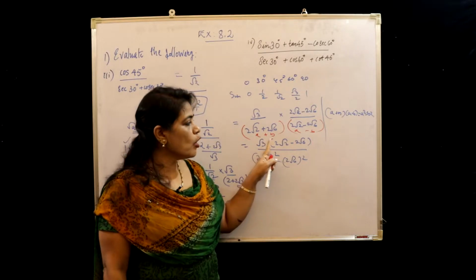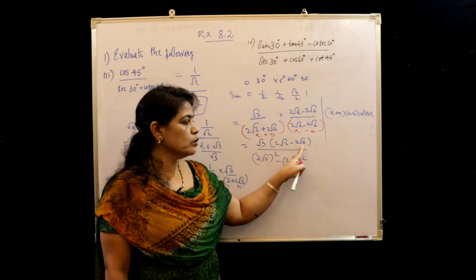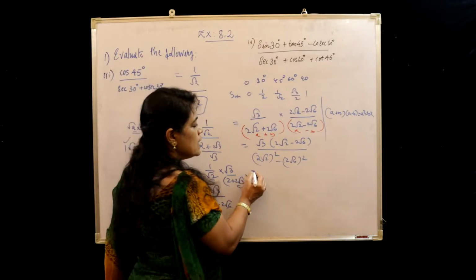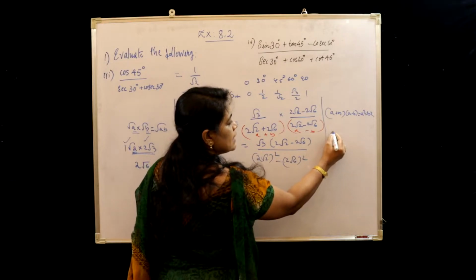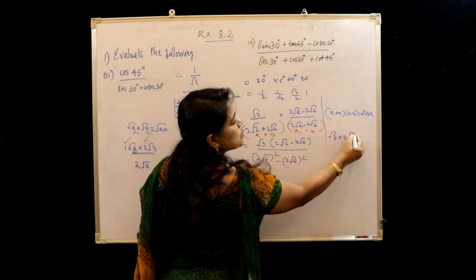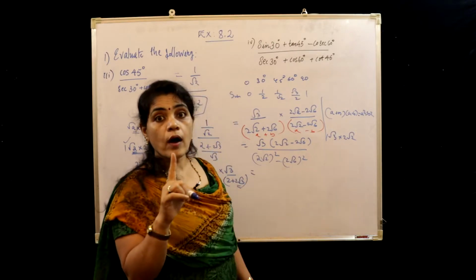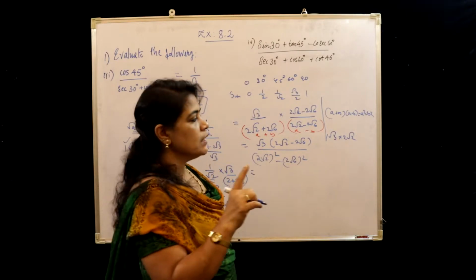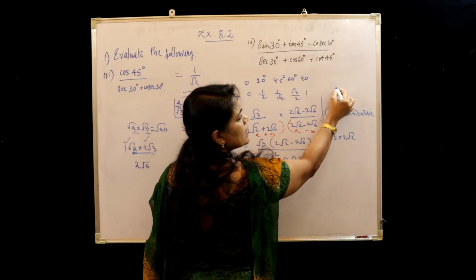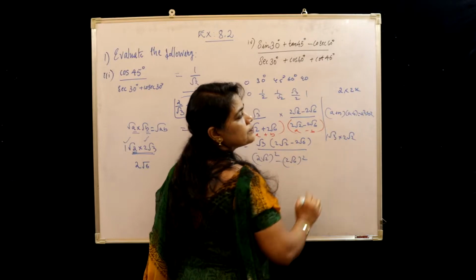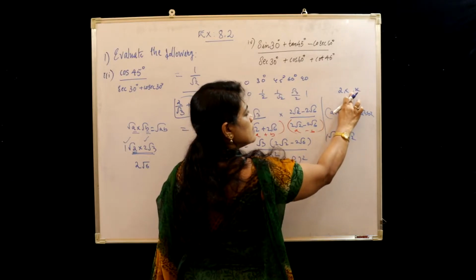And in the next step, here the root 3 is outside. That means you have to open the bracket by multiplying both the terms with the root 3 outside. That is, see children, root 3 into 2 root 2. Here I already told, root 3 means 1 root 3. See children, how are we multiplying x into 2x or 3x?